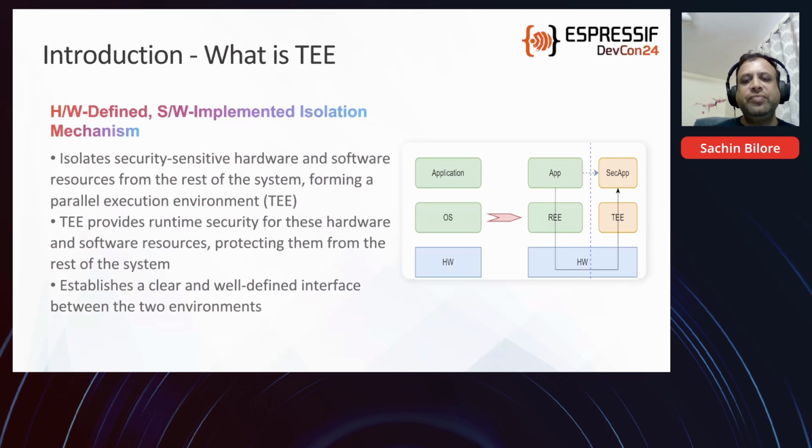Trusted execution environment perform operation on these security sensitive assets and return the output of those operations. So in this way, rich execution environment actually avail the service of trusted execution environment without directly accessing these assets.